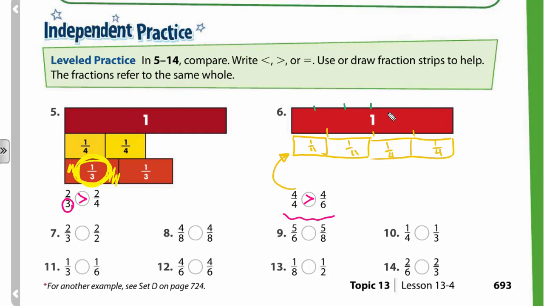And after that, we will count 1, 2, 3, 4, 5, 6. Okay, we need to draw how many sectors? My hero, respond. How many sections are 4? Yes, we need 4. So this is 1/6, 1/6.